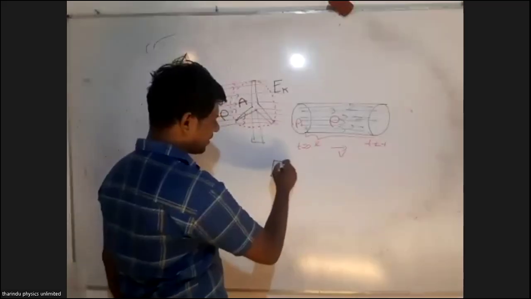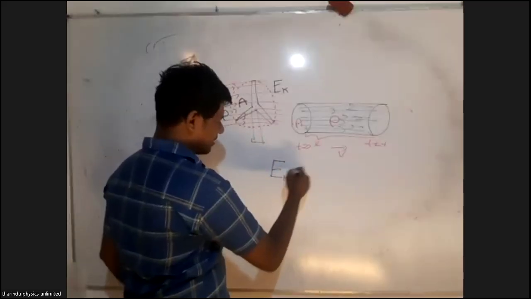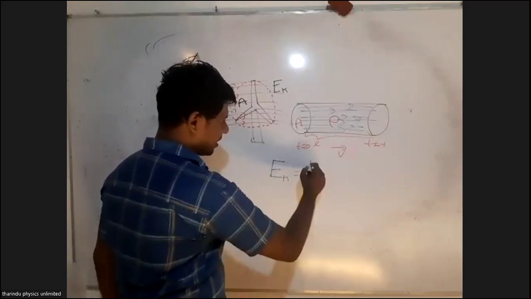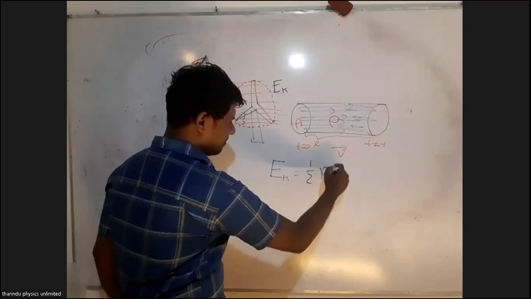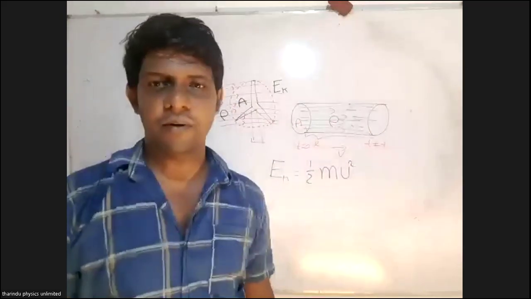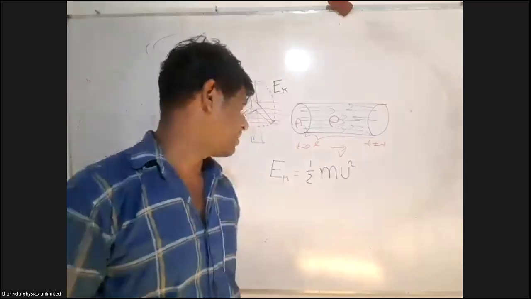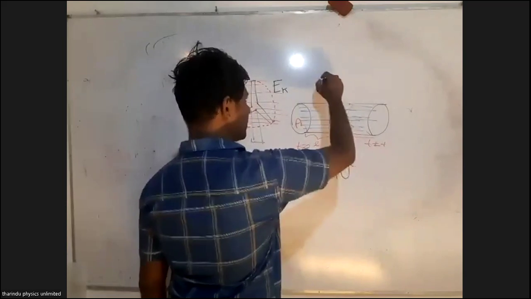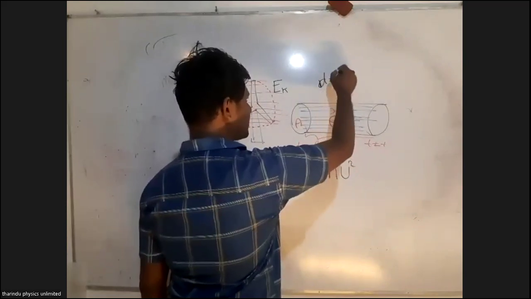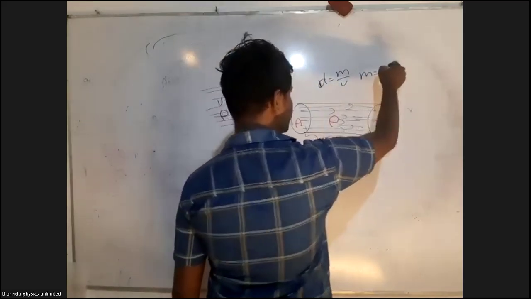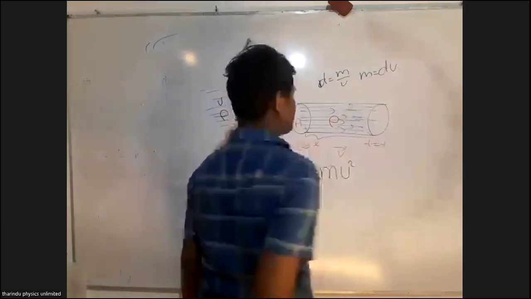The only way to find it is half m v to the power 2. Have a good look at how to find out the mass of this volume. Density is equal to mass over volume, so mass is equal to density into volume.